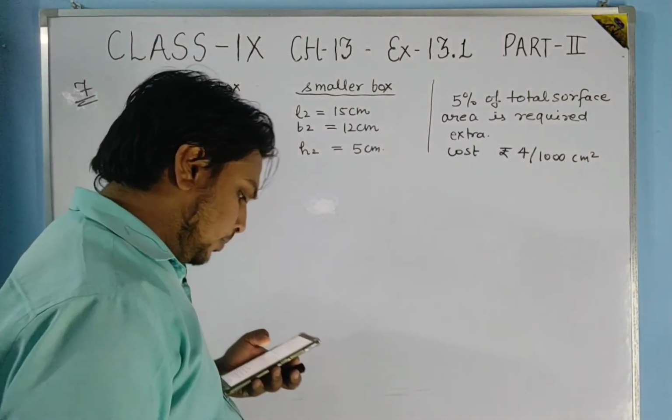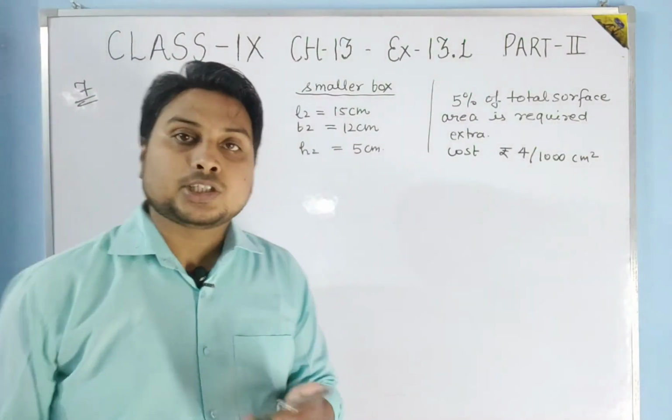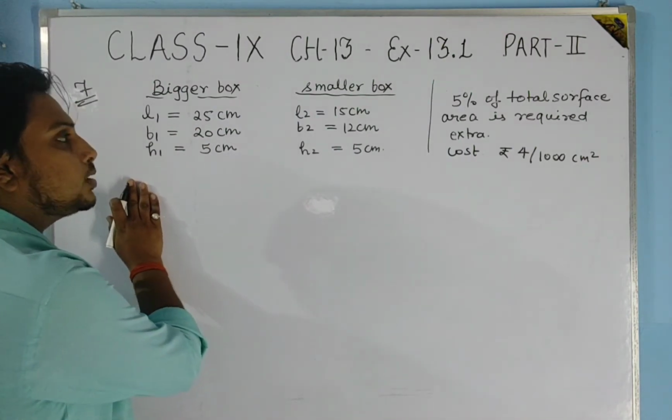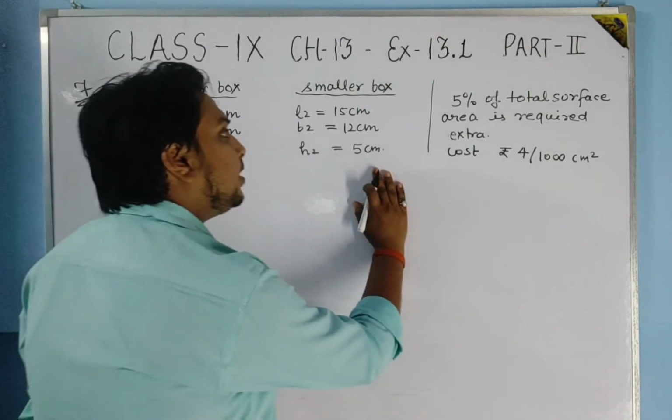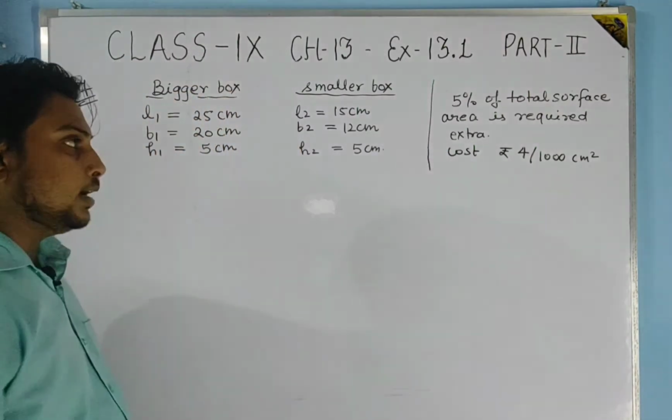Find the cost of the cardboard required for supplying 250 boxes of each kind. Means 250 bigger boxes and 250 smaller boxes are to be made, and we have to find the cost for that.